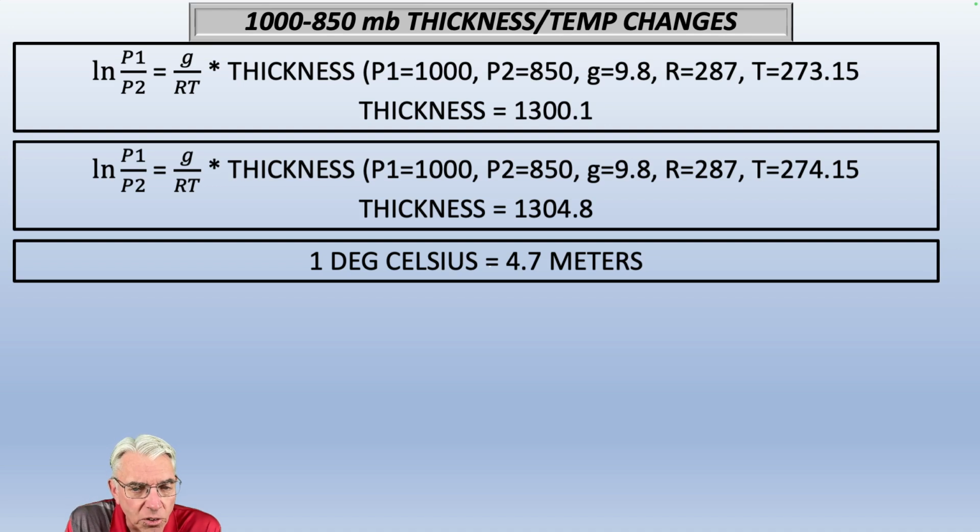So that means that 1 degree Celsius, averaged over that layer, is about 4.7 meters. The thickness increases 4.7 meters, it warms up a degree Celsius. If it decreases 4.7 meters, it cools down 1 degree Celsius. But a Fahrenheit degree is only 5/9 as big as a Celsius degree, okay?